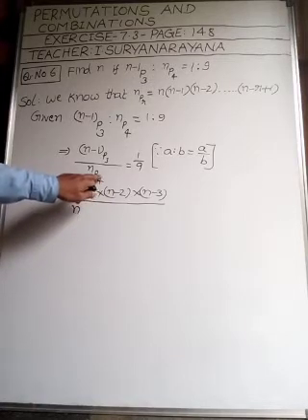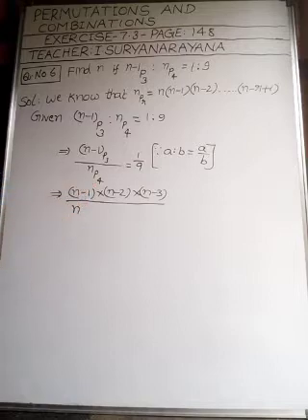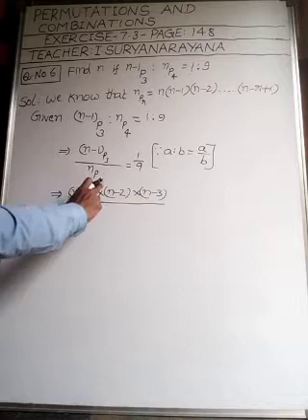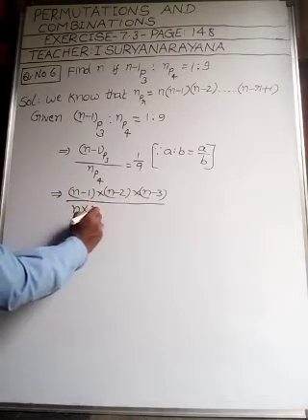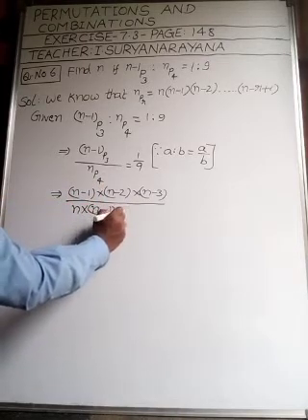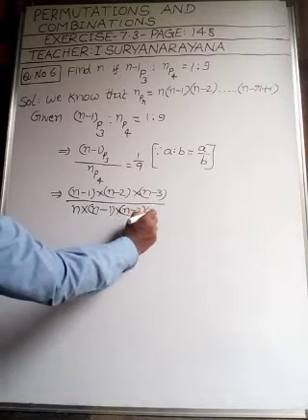By observing this number, we can conclude how many factors should be written. Here 4 is there, so we write 4 factors: n into (n minus 1) into (n minus 2) into (n minus 3).